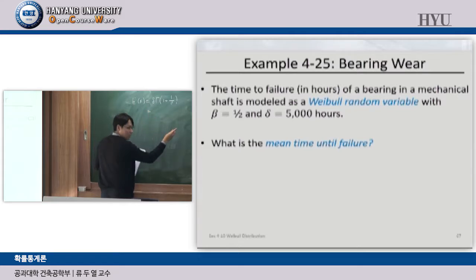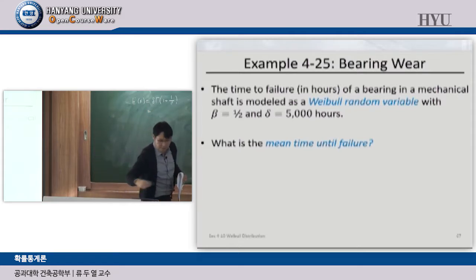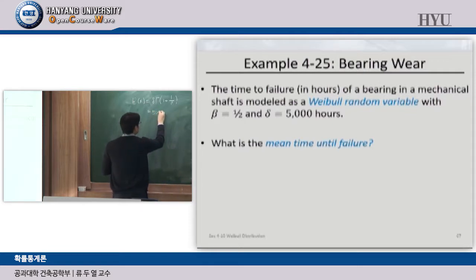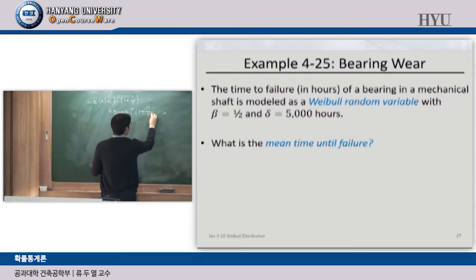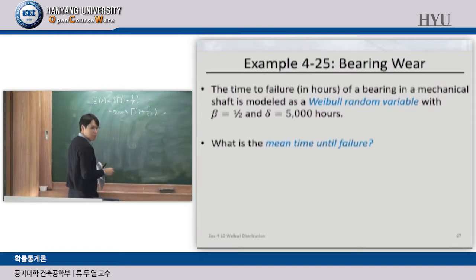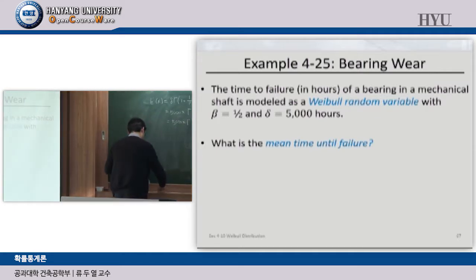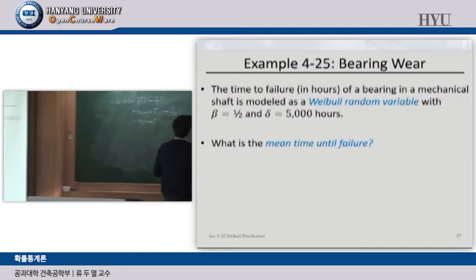And what is the delta here? Delta is 5,000 hours. So this is 5,000 hours times gamma function of 1 plus 1 over, what is the beta? Beta is 1 over 2, that is 0.5. That is equal to 5,000 times gamma function 3, right? And what was the gamma function?